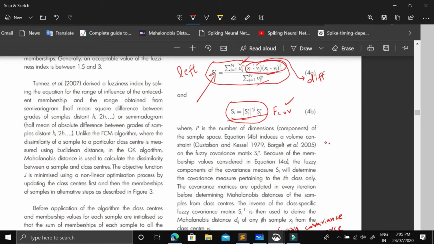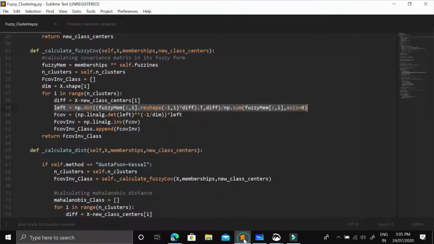Then we take the determinant of this S star and raise it to the power of -1 by p, where p is the number of dimensions, the total number of features, and then again we multiply it with the S star. So we get the fuzzy covariance matrix. This is what we are doing. Here I am taking the determinant part, then multiplying with this -1 by dimension part, and then multiplying again with the S star part. So what's left is actually S star.